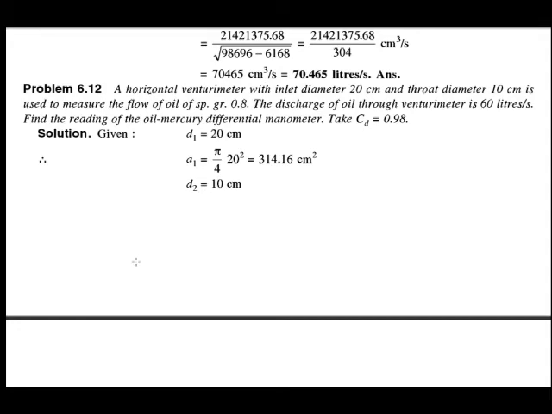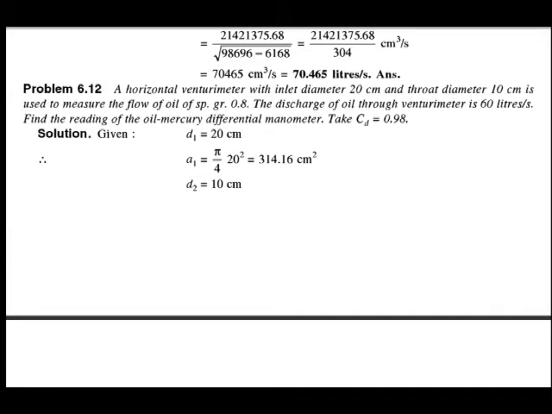Okay, so what they have given in the example is the diameter of the inlet, means D1, is 20 centimeter, then the diameter of the throat D2 is 10 centimeter, and the specific gravity of the oil which is flowing through the pipe is 0.8.